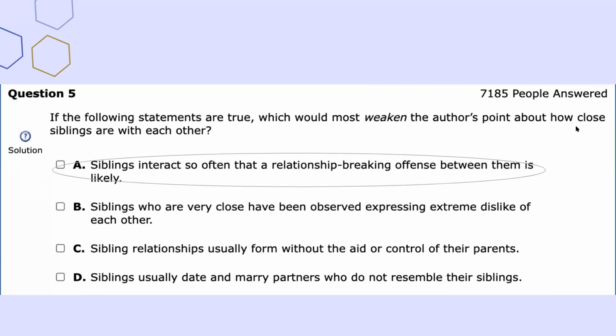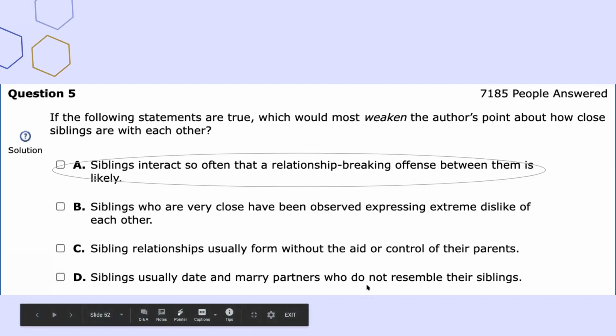He was mentioning stuff like siblings help you become close, and this is a long-term relationship that can bond. So if this is true, that would weaken the author's point. Does anyone have any questions or why the other ones are not right?